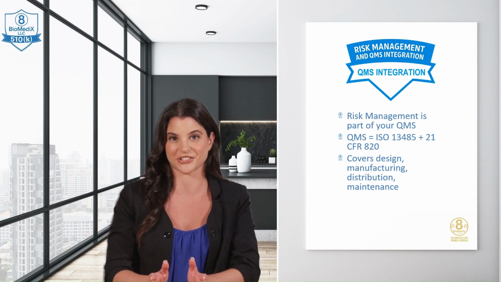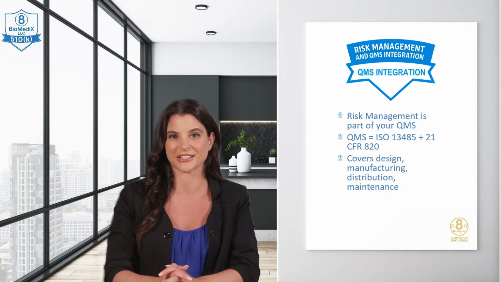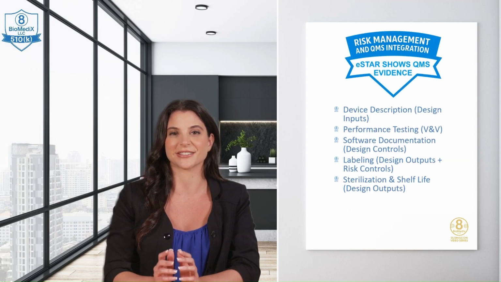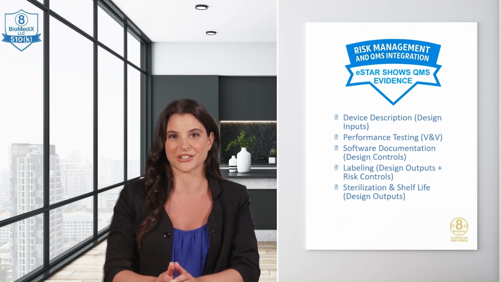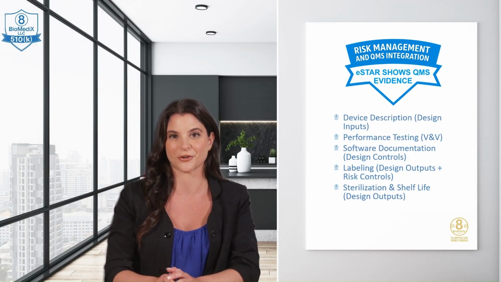Throughout your eSTAR submission, various sections require information that directly reflects your QMS processes, especially your design controls. Key areas where your QMS is evidenced in eSTAR are device description, design inputs, performance testing, design verification and validation, software documentation, design control for software, labeling, design outputs and risk controls, and sterilization and shelf life, design control outputs. eSTAR enforces consistency.